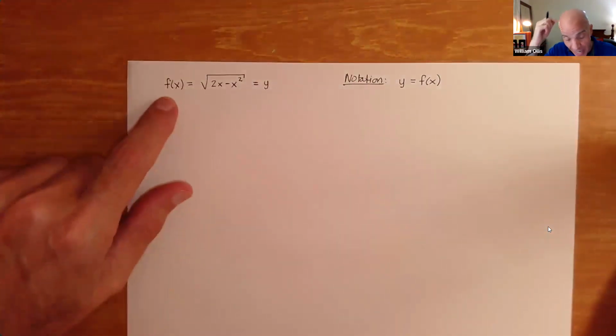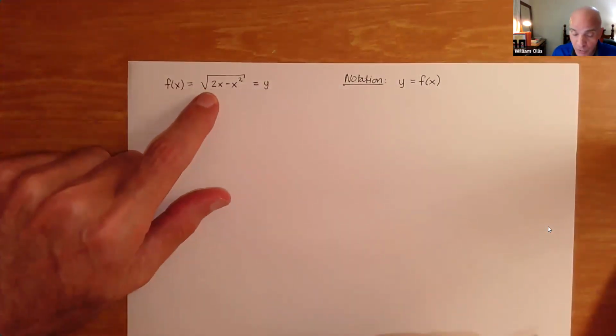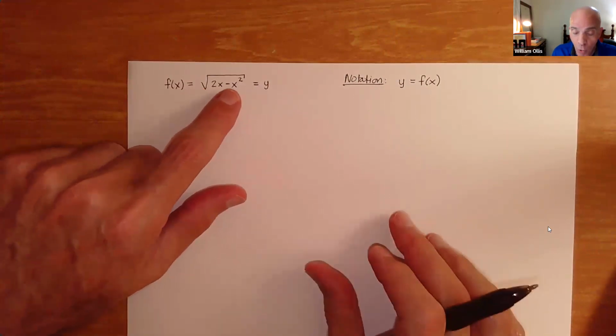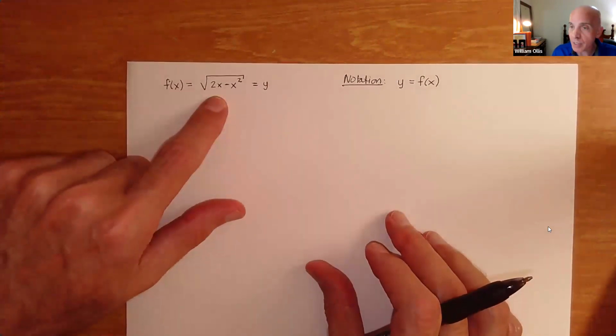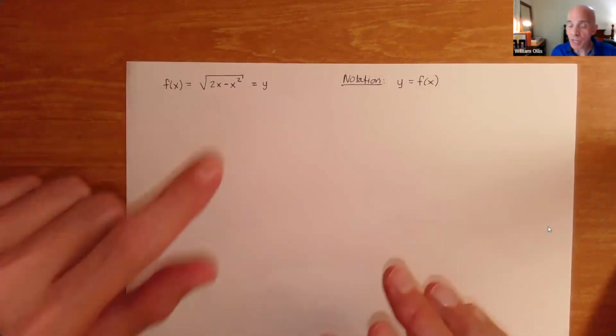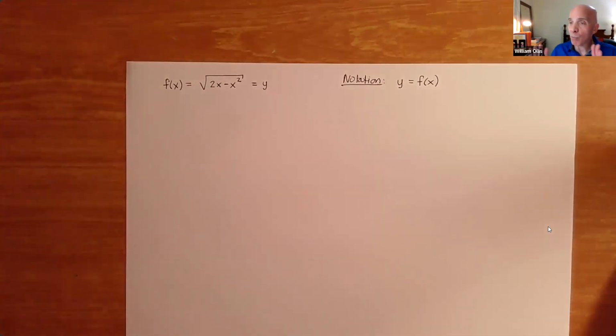So we can say f of x equals the square root of 2x minus x squared, or we can just say y equals the same square root, because the value that we put into the second coordinate is just the value of the function.